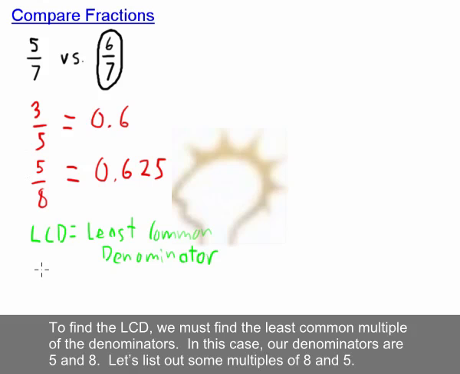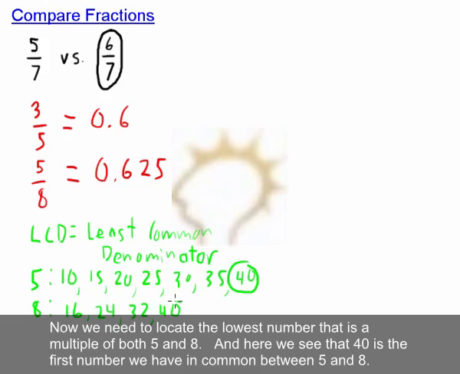Let's list out some multiples of 8 and 5. Now we need to locate the lowest number that is a multiple of both 5 and 8.